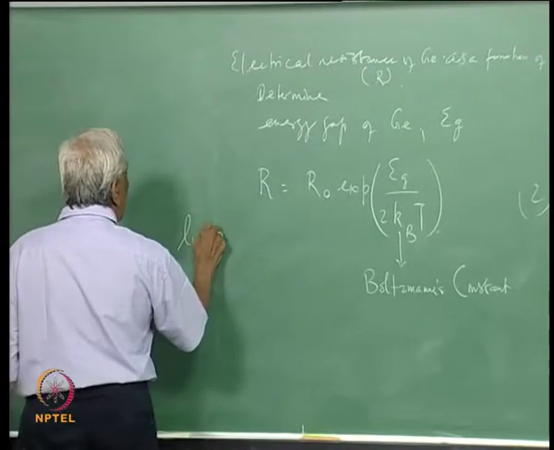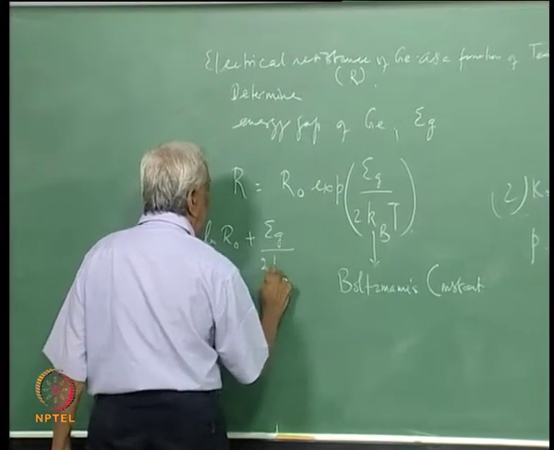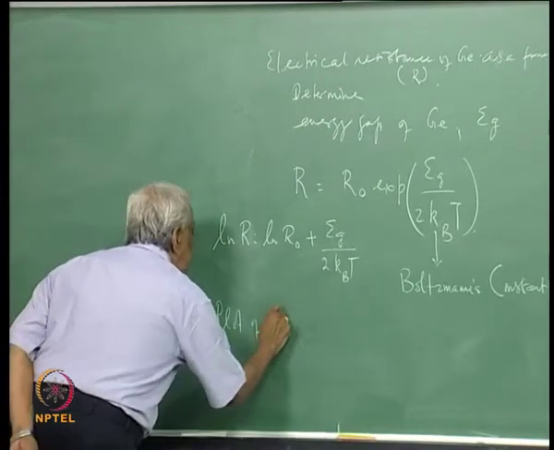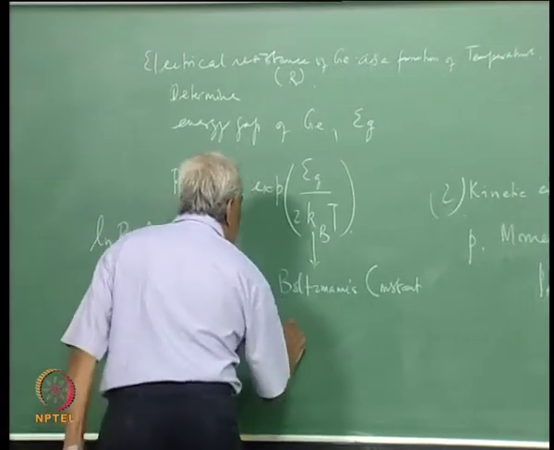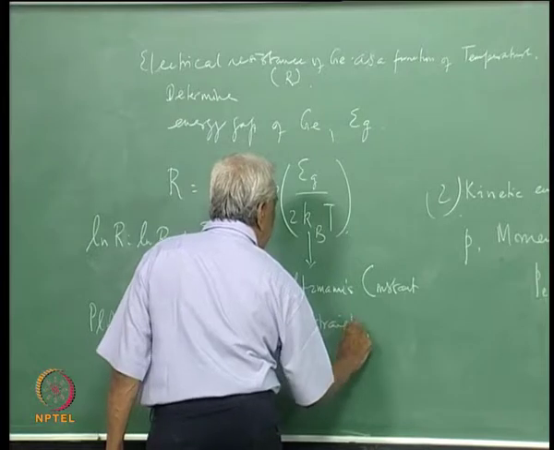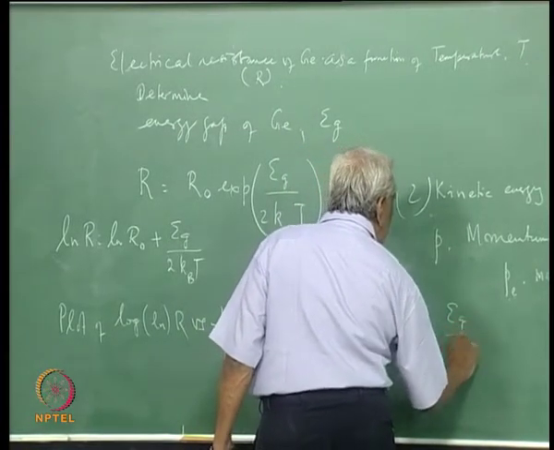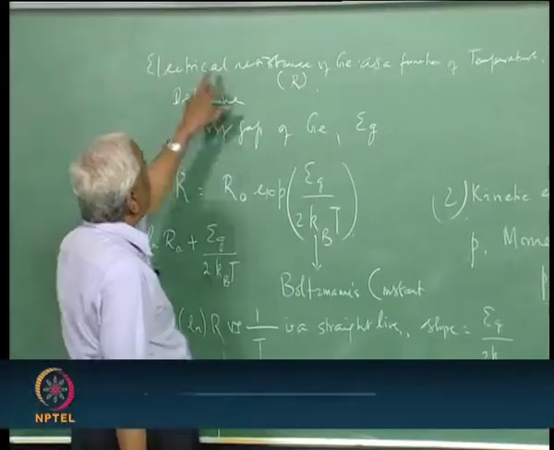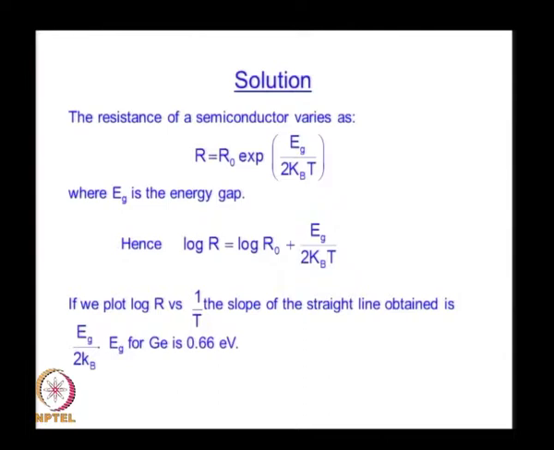Therefore, we take logarithms, so a plot of log R versus 1 by T is a straight line whose slope is E g by 2 k B. So, plotting this graph of log R versus 1 by T from the given values, we get a straight line, and the slope gives the energy gap in terms of twice the Boltzmann constant, and so we can determine the energy gap.